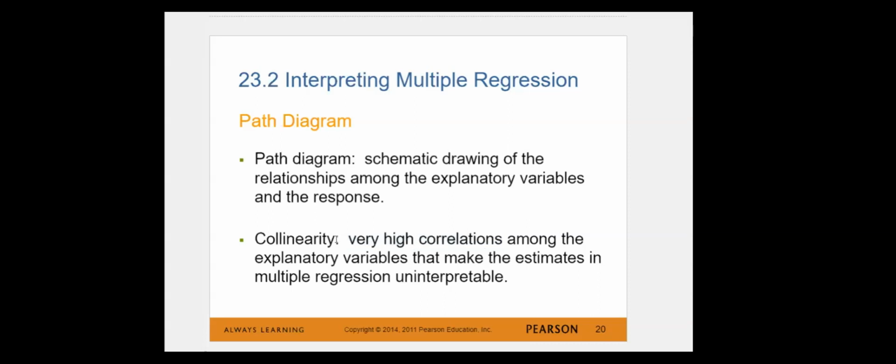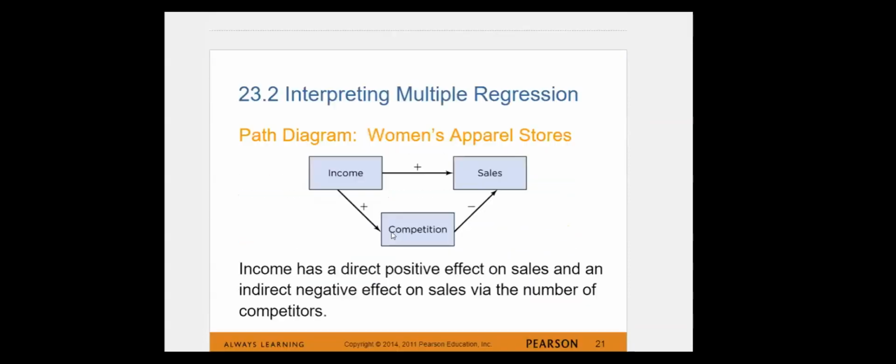But if you had a very high correlation among explanatory variables, that makes the estimation of multiple regression wrong, unreliable or uninterpretable. So collinearity is high correlation between independent variables, and it's not good for multiple regression. So we don't want to have a collinearity condition in a regression model.